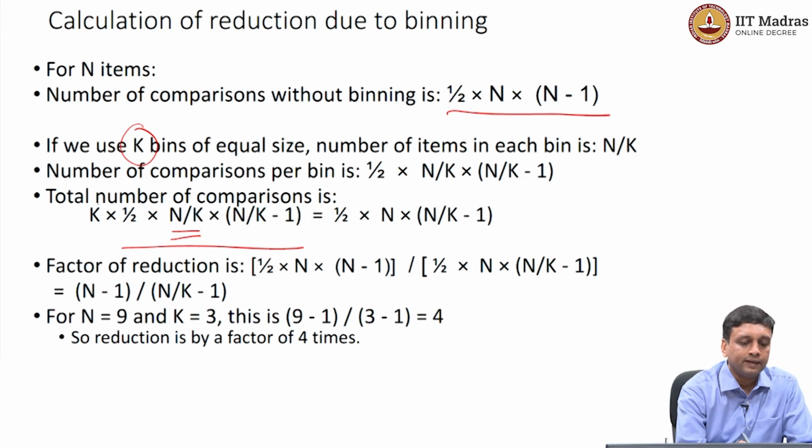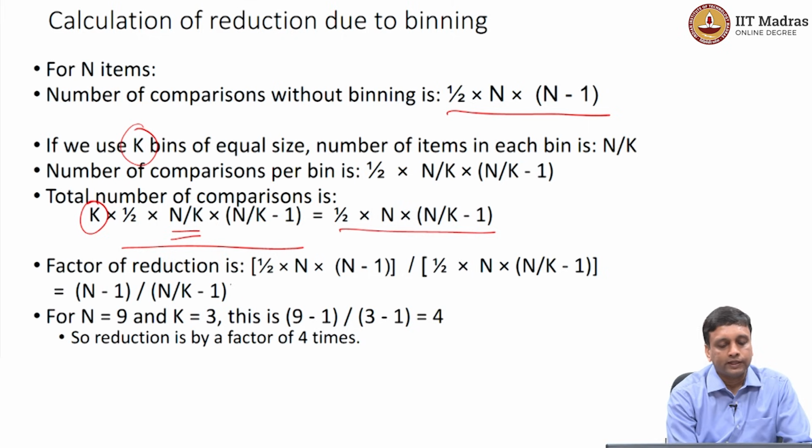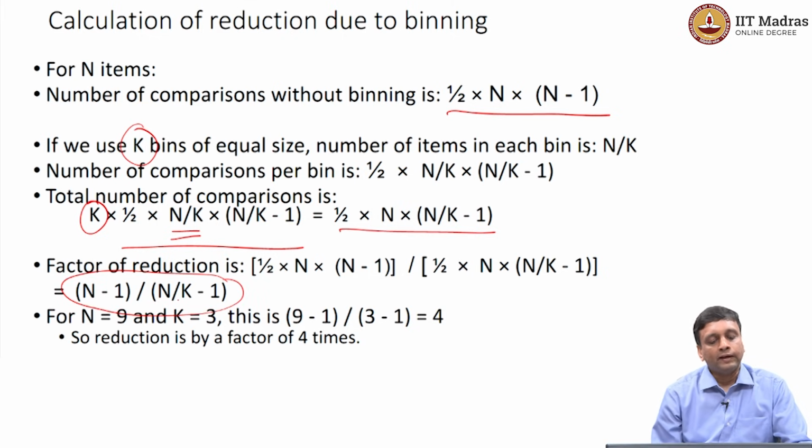And how many bins are there? There are k bins, right. So if you now multiply this out, you get k times half into n by k into n by k minus 1. So this gives us a factor of reduction, if you do this division, of n minus 1 divided by n by k minus 1.